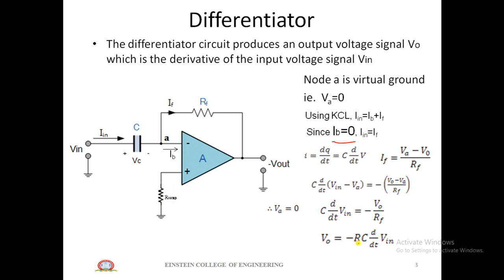The magnitude of the output voltage can be varied by changing the RF and C values.